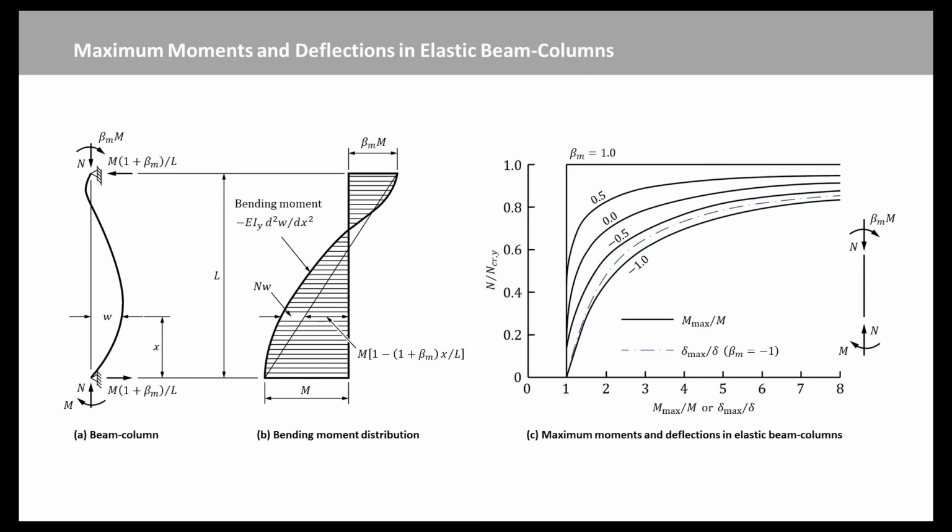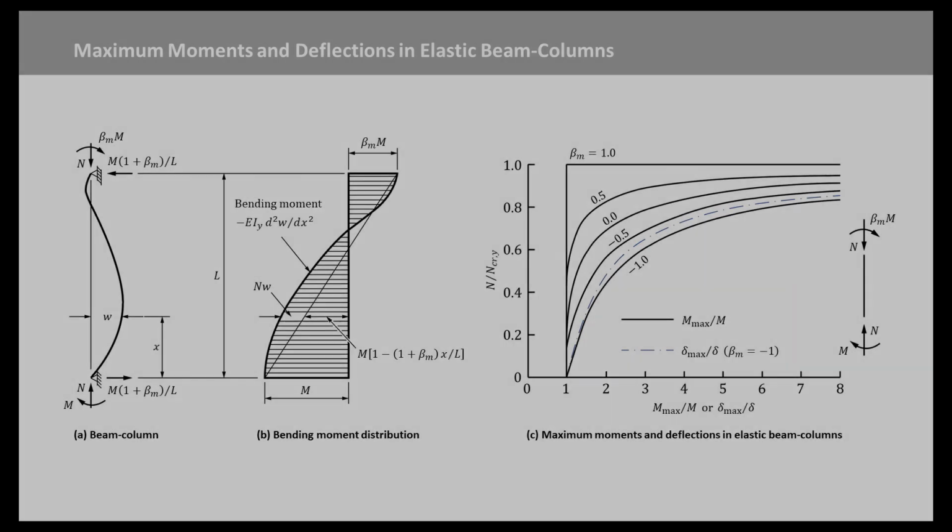The value of N over NCRY at which M max begins to increase above M is lowest for beta M equal to -1, uniform bending, and increases with increasing beta M. Once M max departs from M, it increases slowly at first, then more rapidly, and reaches very high values as N approaches the column buckling load NCRY.